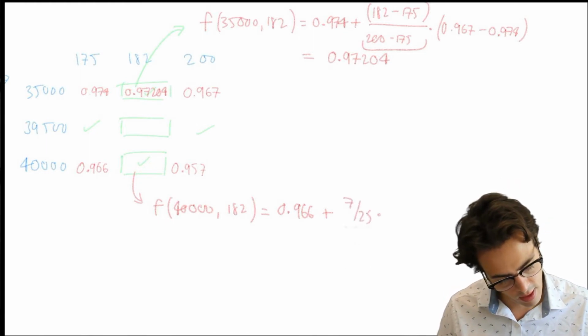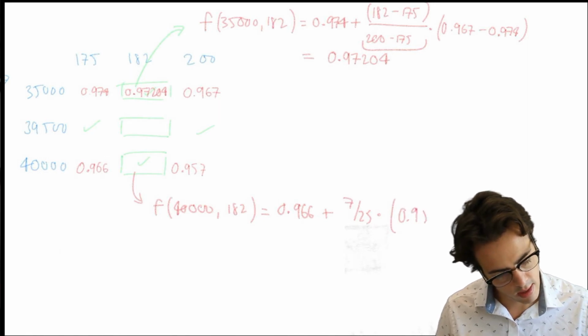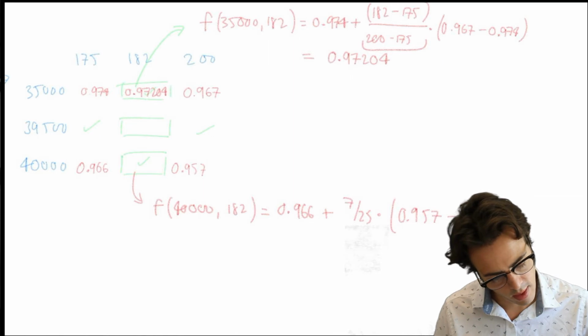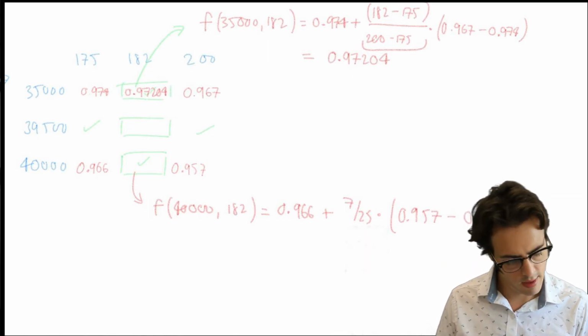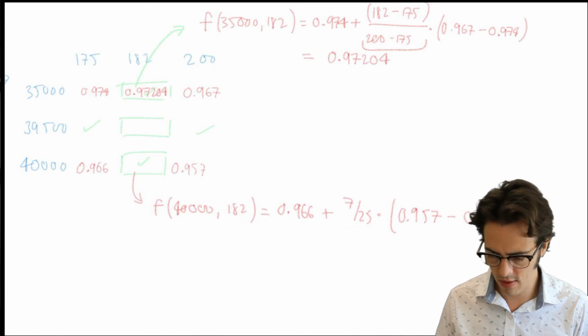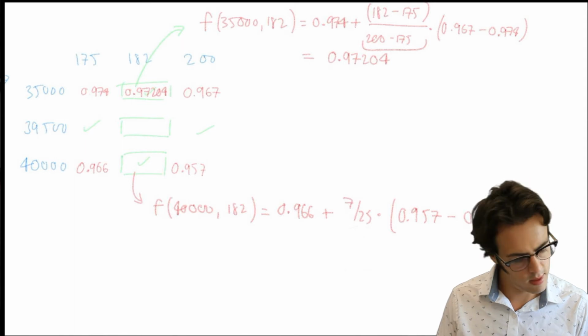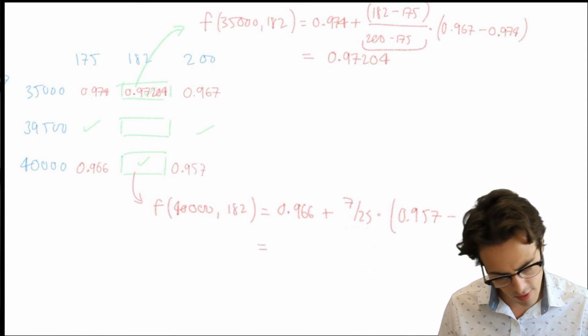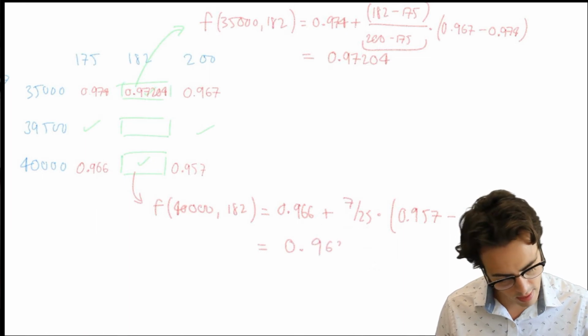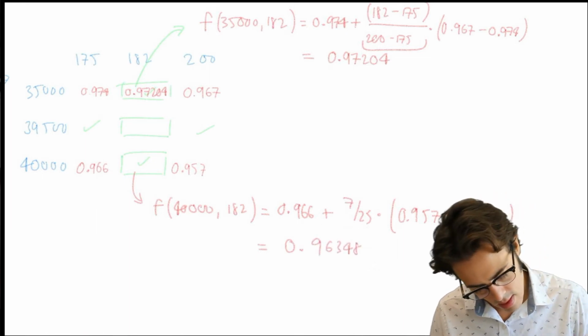And the difference that we're looking for here is 0.957 minus 0.966. So 0.966 plus 7 divided by 25 multiplied by 0.957 minus 0.966. And that gives us 0.96348.